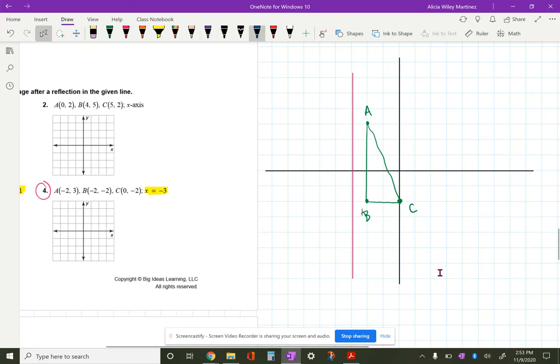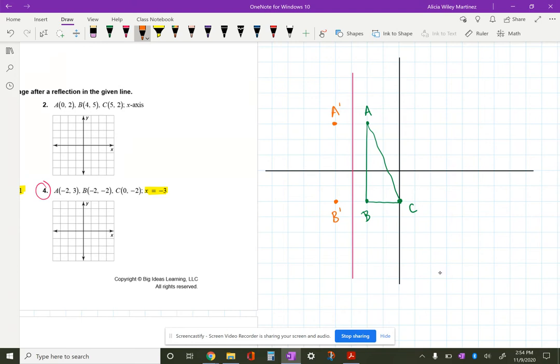And when I do that, we want to make sure that our new image is the same distance away from the line of reflection as the other image. So that means A is one space away, so A prime is going to be one space away in the other direction. B also one space away, so B prime is going to be one space away in the other direction.